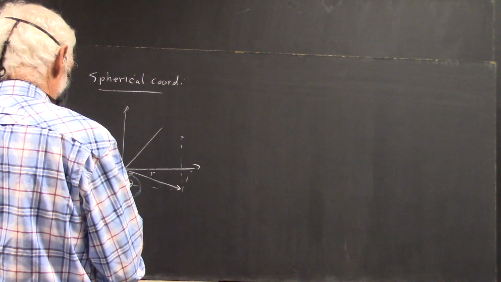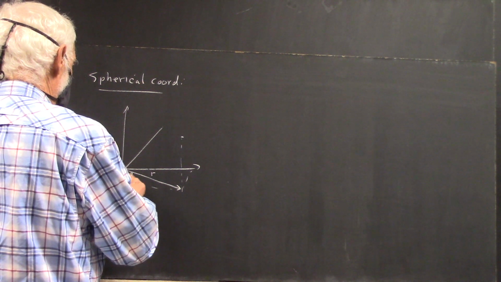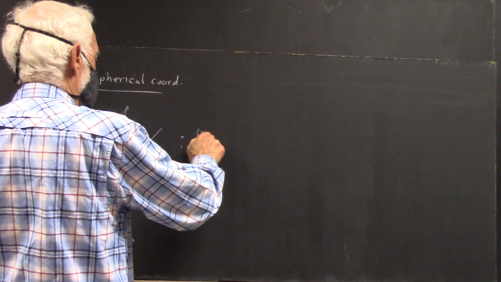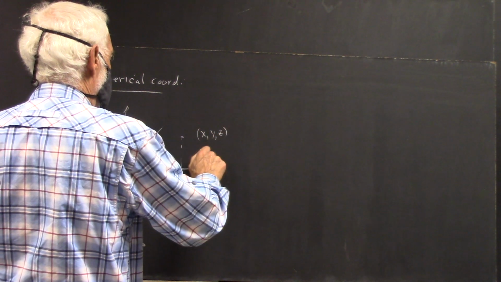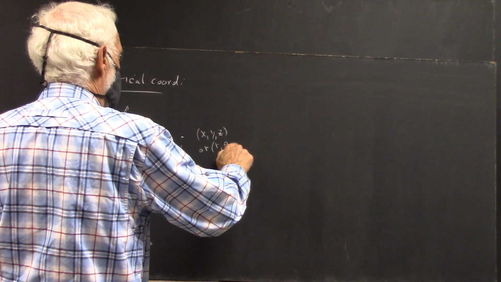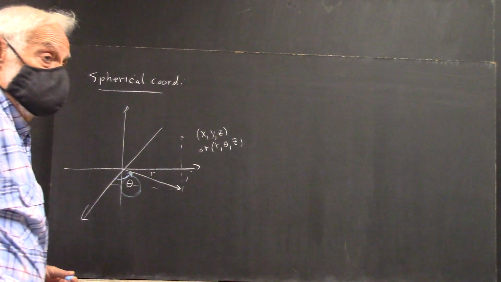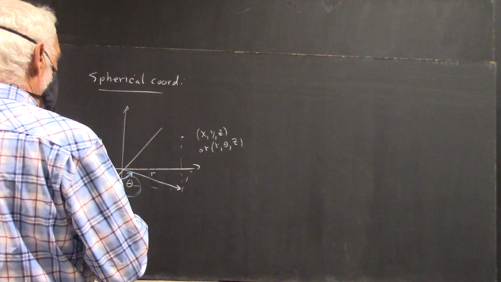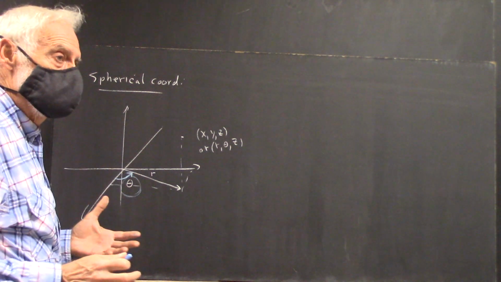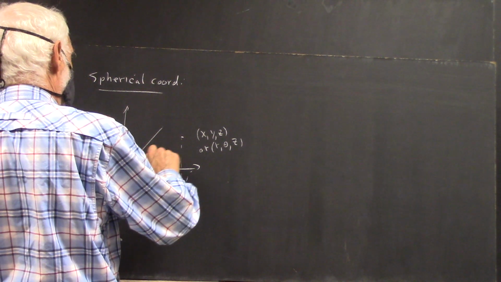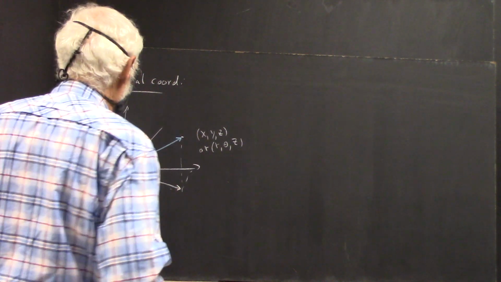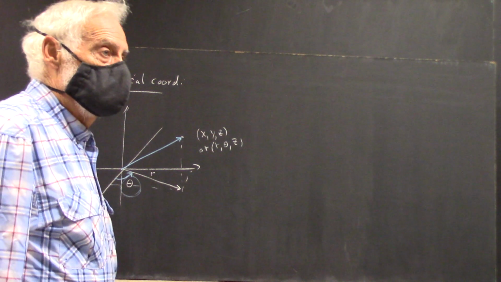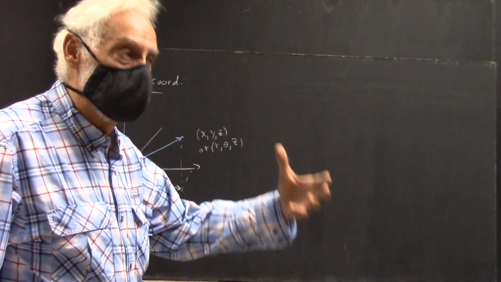So, theta is one of our spherical coordinates. Now this point could be x, y, z, or r theta z. The other one, the one distance coordinate you have in spherical coordinates, is the distance from the origin to the point, which incidentally makes it really easy to write the equation of a sphere in spherical coordinates.